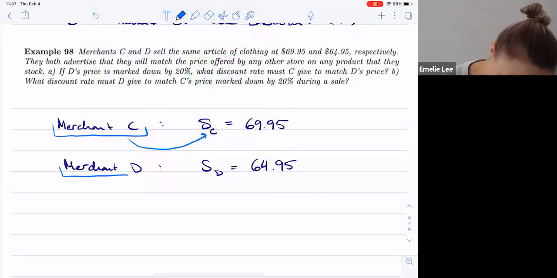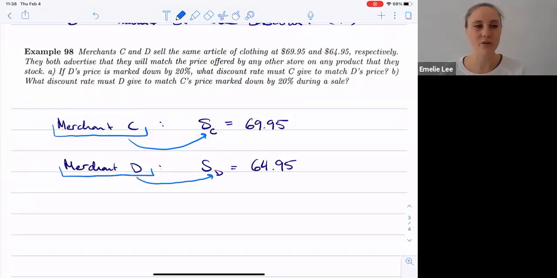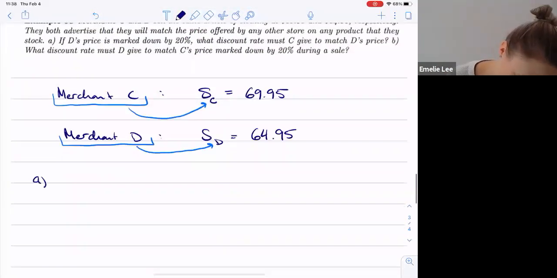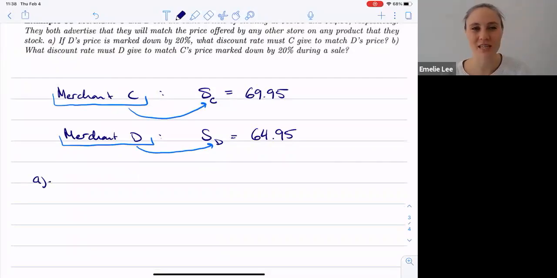And again, I'm just highlighting that I've denoted it with these subscripts. Okay, so they're in a price matching war. Great, all right. So part A, scenario A for merchant C and D.